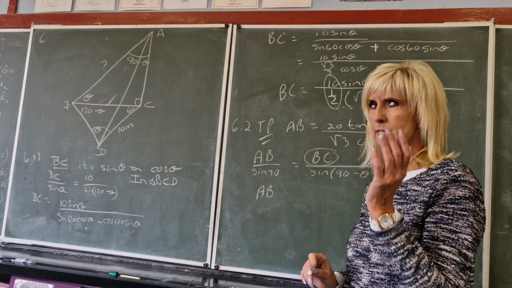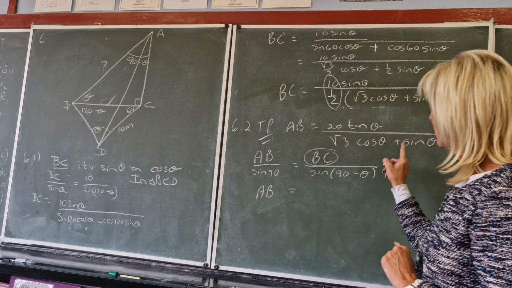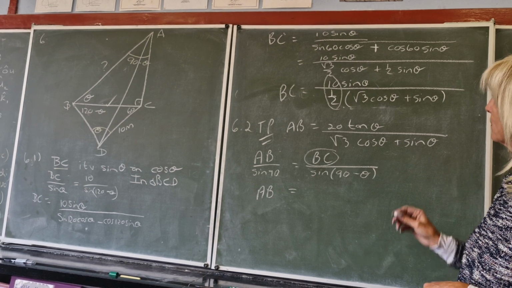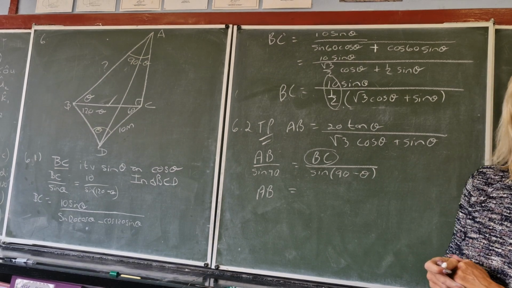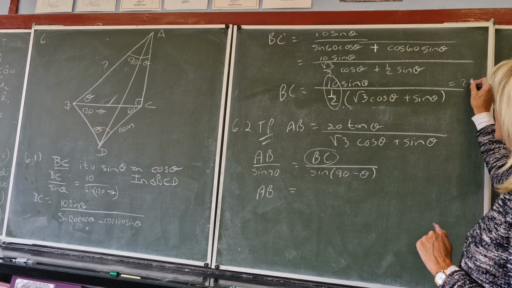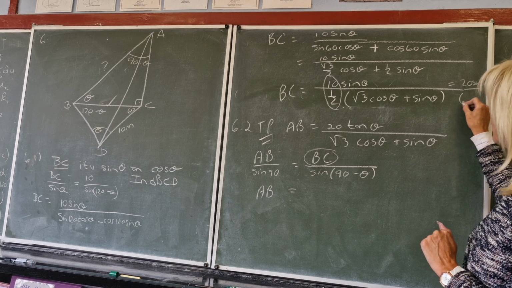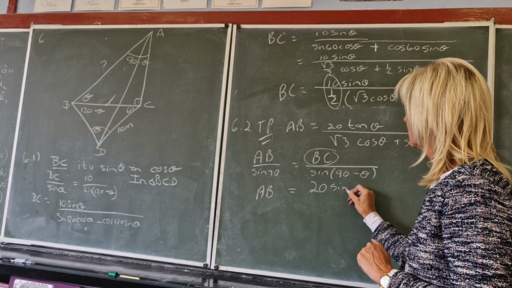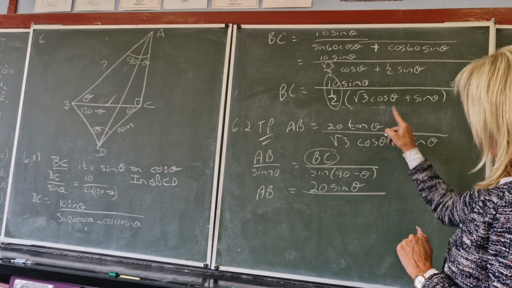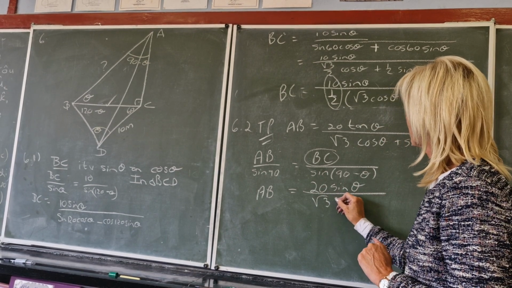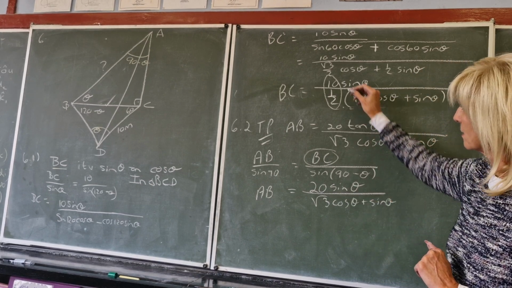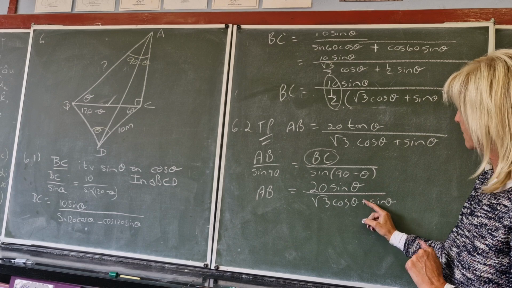If you want to write it, it's fine. The BC part is going to be that whole thing there, which I have developed into, or I haven't written it. Did you see it? It will be 20 sin over that bracket there. So this will be 20 sin theta over that bracket. Okay, just 20, and then the rest of it is there.